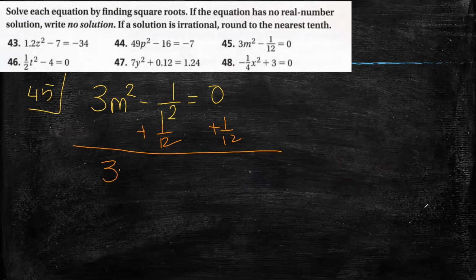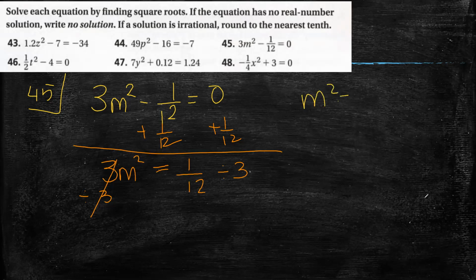I will get now 3m squared equals 1 over 12. Let's divide by what now? By 3. I will make the 3 a reciprocal. Then 3 by 3 is 1. So m squared is 1 over 12 divided by 3.